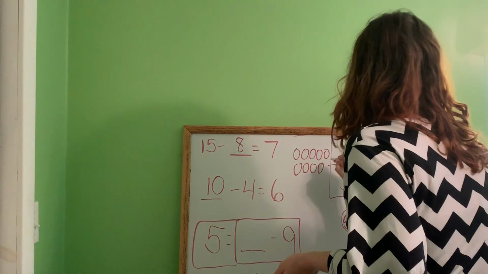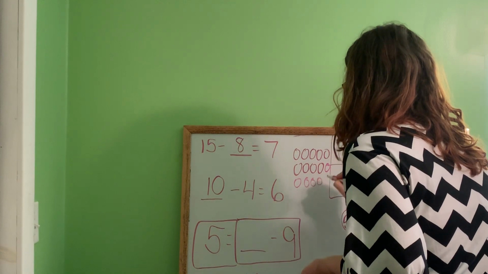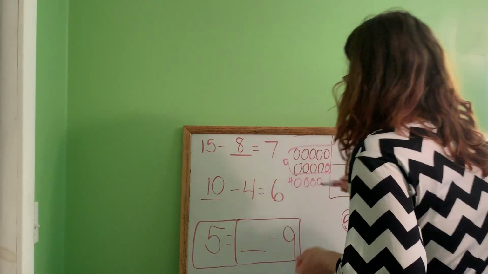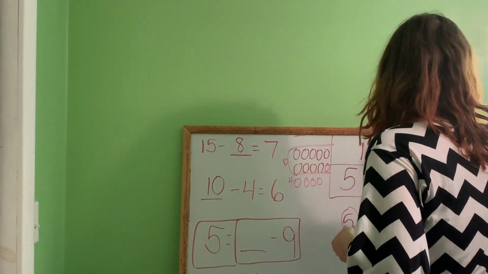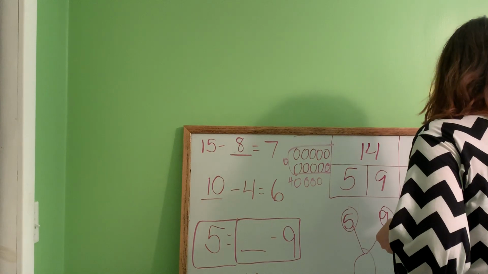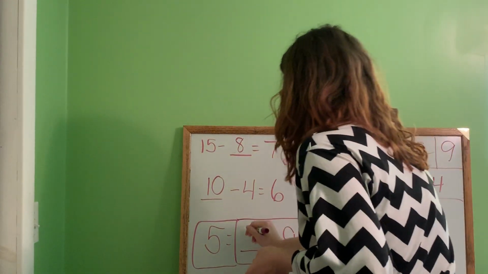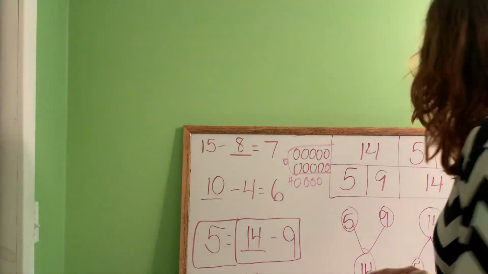And then they're going to add 5 more. 1, 2, 3, 4, 5. And then they're going to quickly see that it's a 10 and 4 more. And a 10 and 4 more is 14. So in this problem, we are missing the whole number, which is 14.